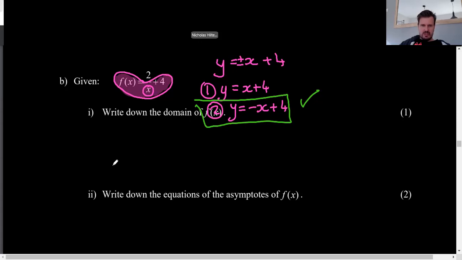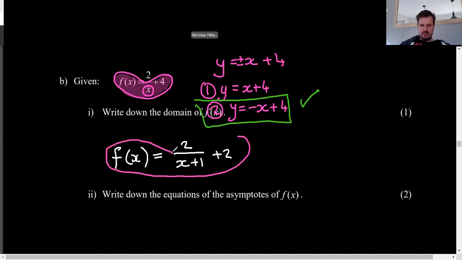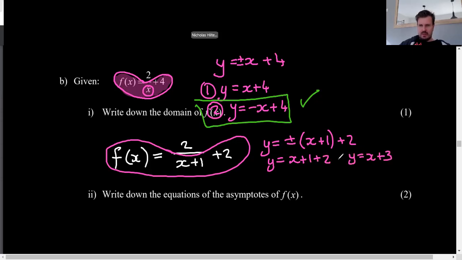So if you say something like f of x, and it'll get harder, like say in matric, you're going to see something like this. It's no different. You just do that. So it's y equals plus or minus the thing at the bottom plus 2. When it's plus, it's x plus 1 plus 2, which ends up being x plus 3.